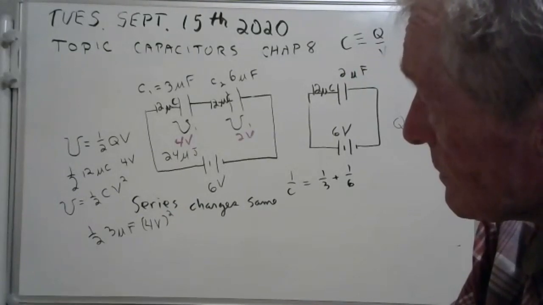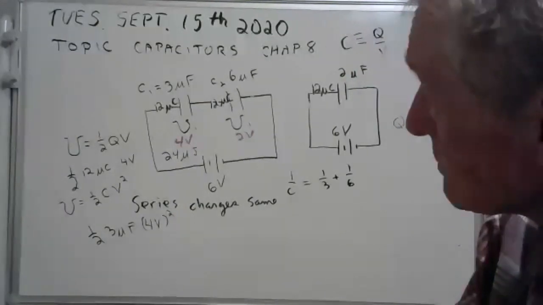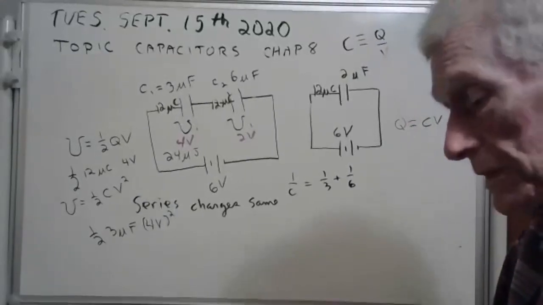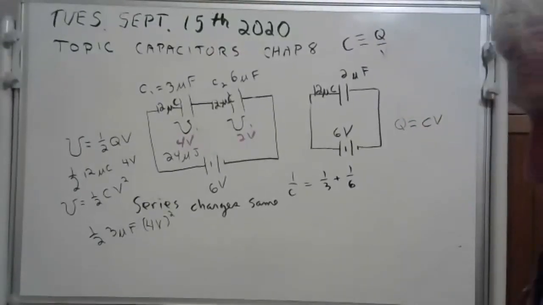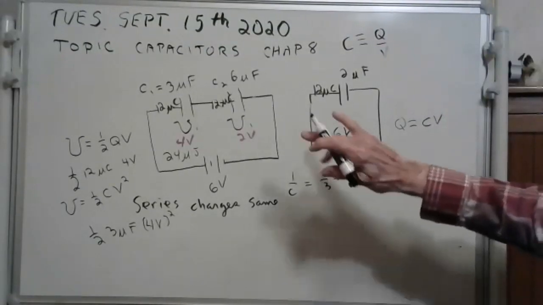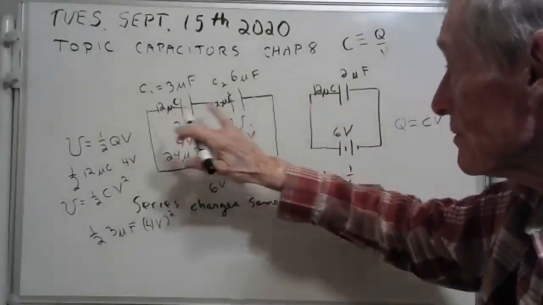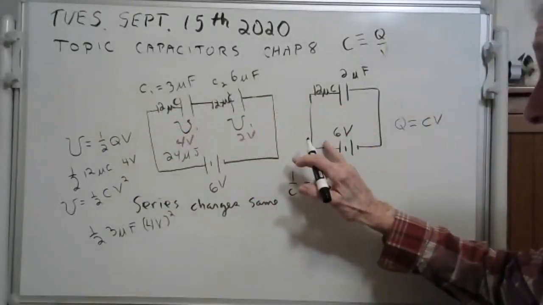Can you tell me again how you decided that the 3 microfarads got 4 volts and the 6 microfarads got 2 volts? Oh, yeah, absolutely. Great idea. Let's do that. We know that there's 12 microcoulombs. You can get that from here.